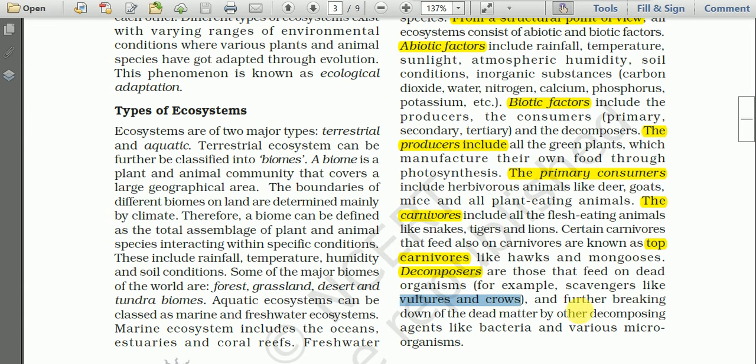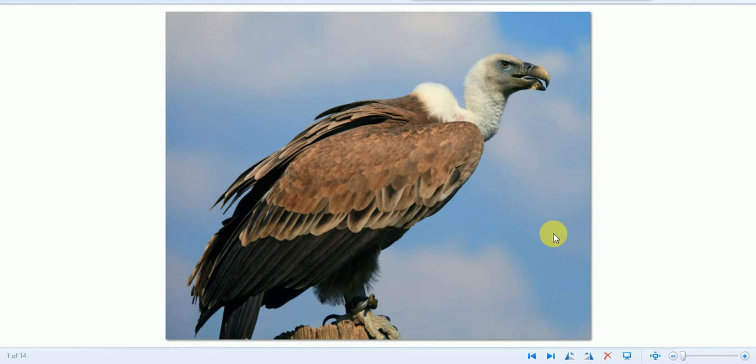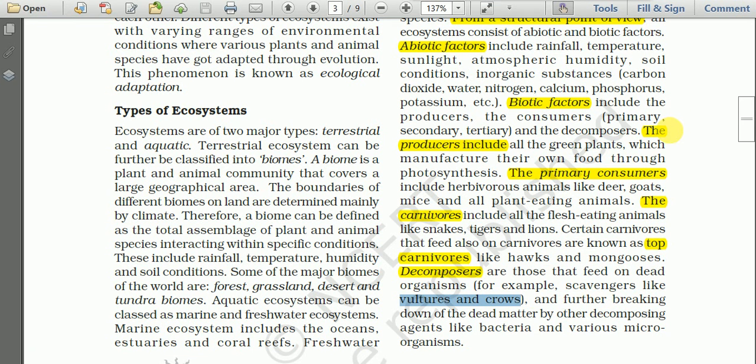Crows and vultures, you might also be familiar with. We have a photograph of a vulture here. This is an example of a decomposer. And there is further breaking down of dead matter by other decomposing agents like bacteria and various microorganisms.